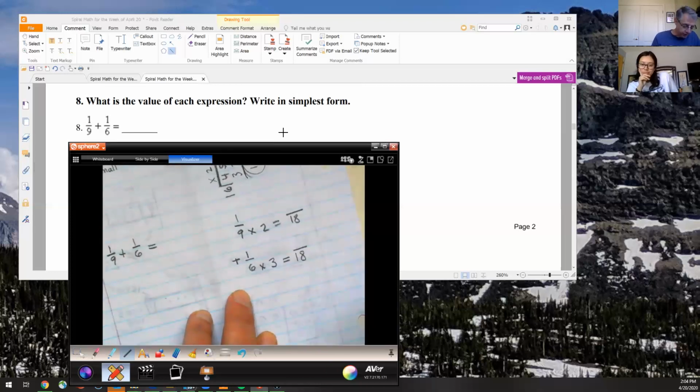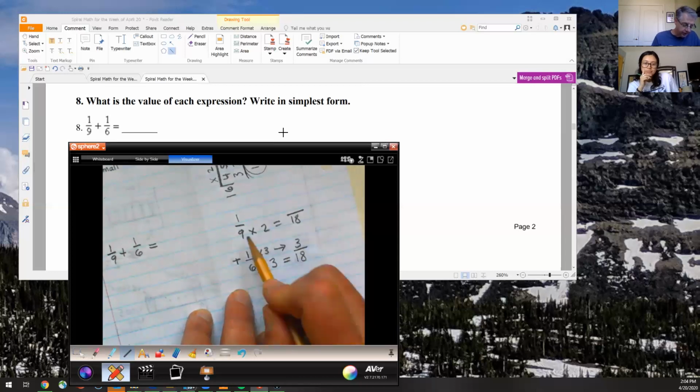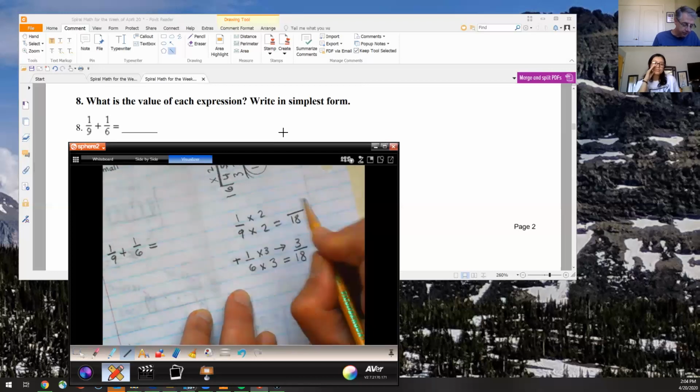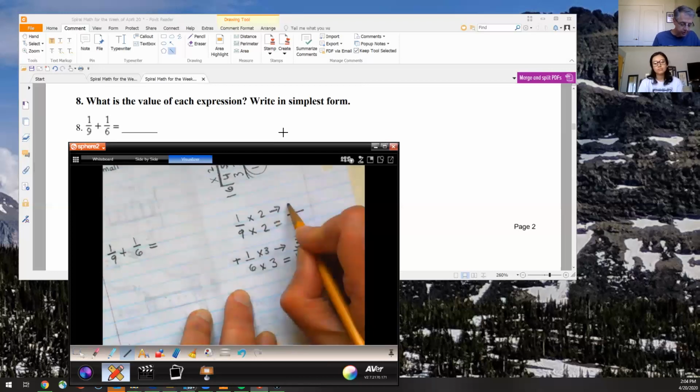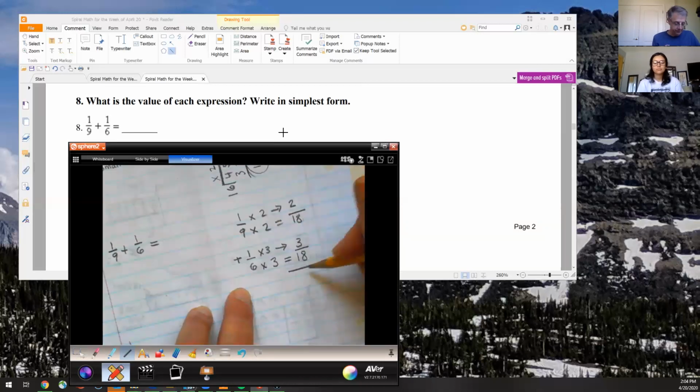I also want to make sure that I multiply 6 times 3 down here on the bottom, so I'm going to multiply on the top. 1 times 3 is 3. Over here, I'm going to take 9 times 2 and equal 18, and whatever I do on the bottom, I'll do on the top, so it's 1 times 2 equals 2. Now I'm able to add because my denominators are the same. 2 plus 3 is 5, and I'm going to be getting 5 over 18.